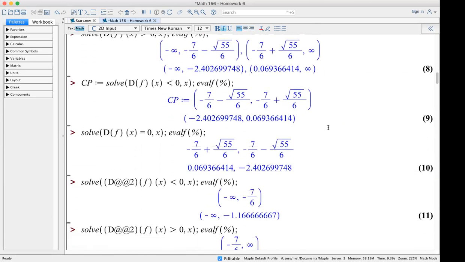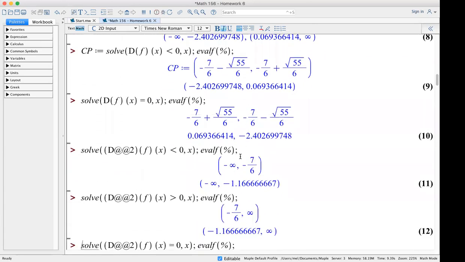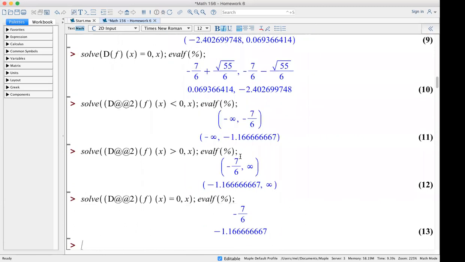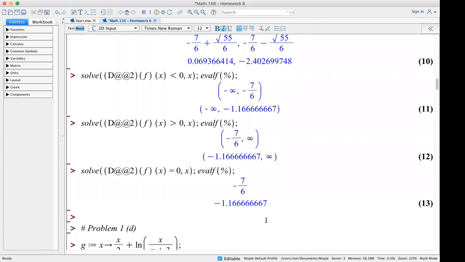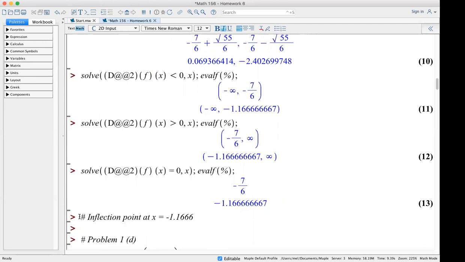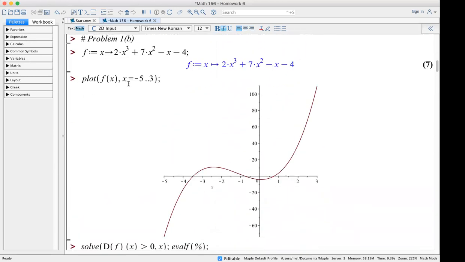At this point where the second derivative is 0, there's an inflection point at x equals minus 1.1666 and so forth. That's problem 1b.